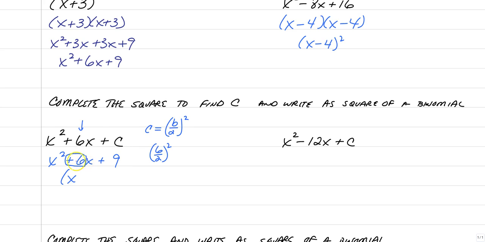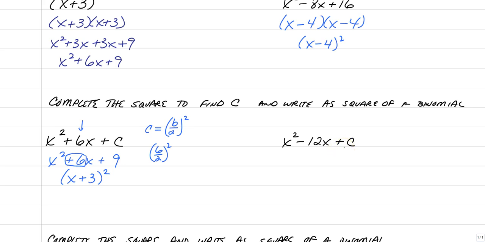But you need to be careful because it's got to follow this sign. So half of a positive 6 would be a positive 3 squared. And that should look extremely similar because we already did that. We already have x squared plus 6x plus 9. It comes from x plus 3 squared. So again, I did that so you can kind of see where it's coming from.